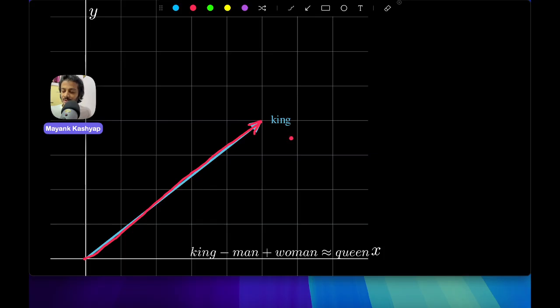We are instead just taking it in an abstract way. So assuming this is the vector representing king, now if we have a vector which is, let's say, man, which is pointing in this direction, and we are visualizing this in 2D, but think of it that these will be in 3 dimensions, or maybe it could be in multiple dimensions as well.